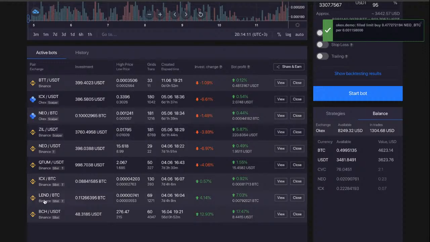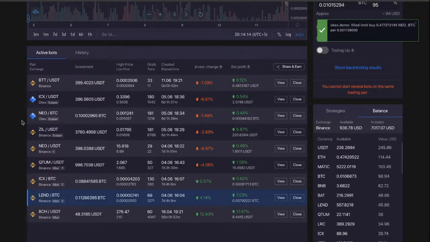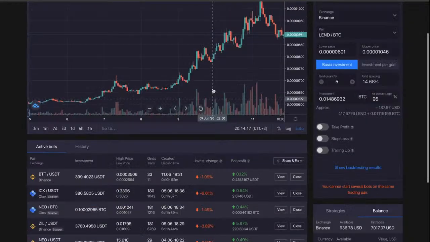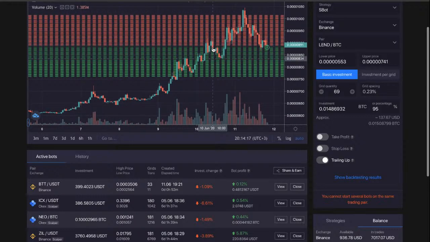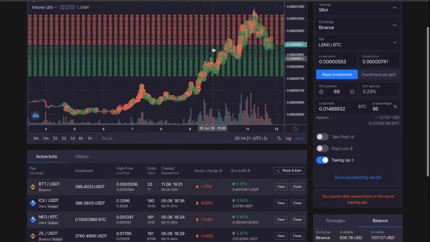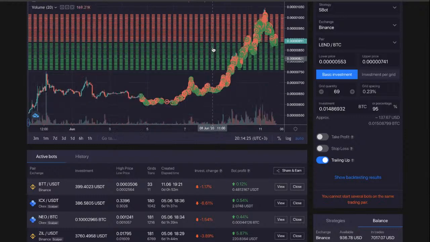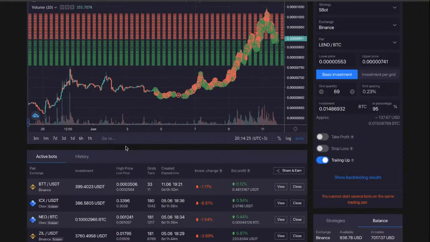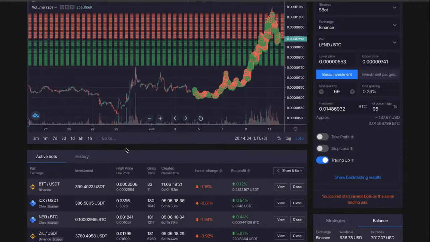Let me try once again to show you Lend trading to BTC. Hope this time the chart will upload. It looks like it does. So notice how perfectly I've managed to predict the price appreciation. I noticed that once again it has respected the support level.